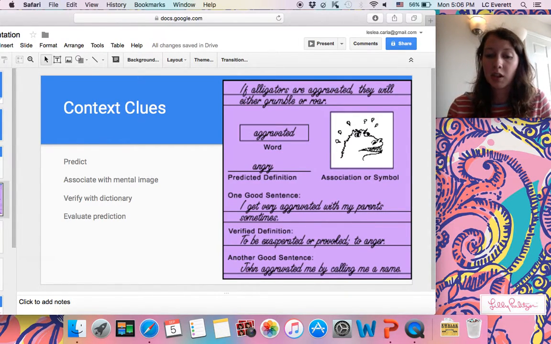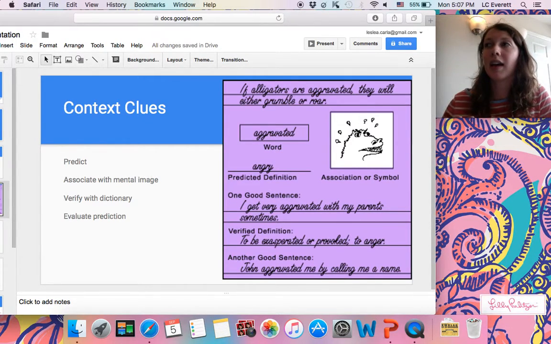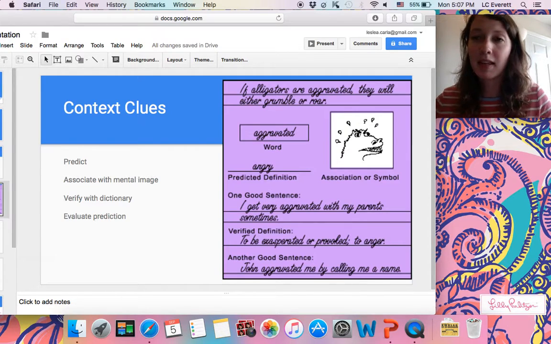So they'll be able to talk, bounce ideas off of each other, and that way they've used the context clues to make their own decision, but then they have the ideas of others to see, well, I thought that aggravated meant angry, but he thought aggravated meant this, so who's right?